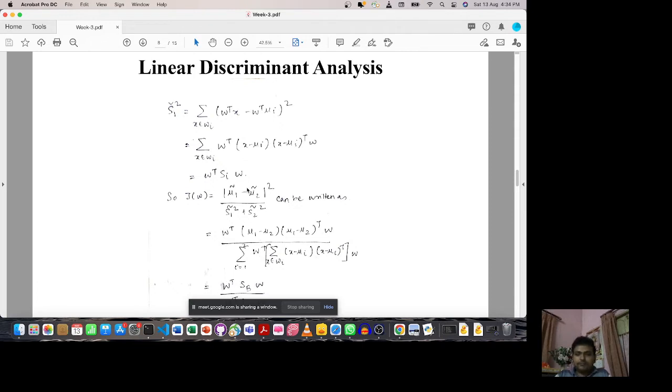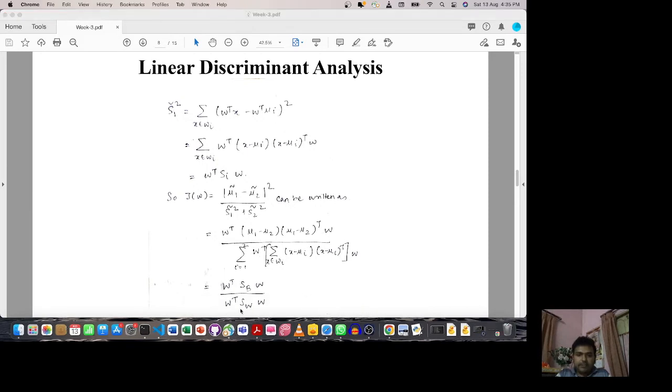So this is W transpose mu 1 minus mu 2 into mu 1 minus mu 2 transpose W, which becomes W transpose SB W, and the denominator summed up over the two classes becomes W transpose SW W, where SW is basically S1 square plus S2 square.